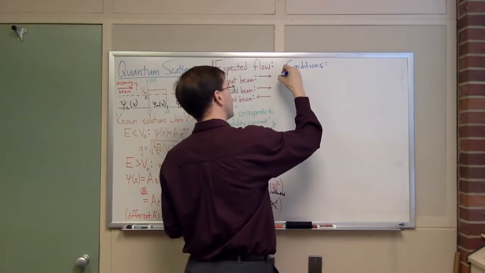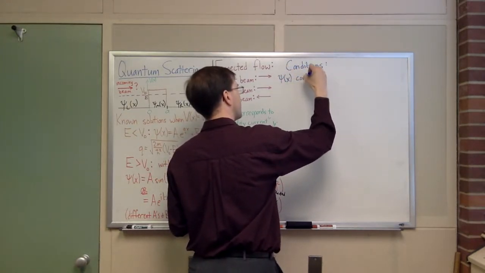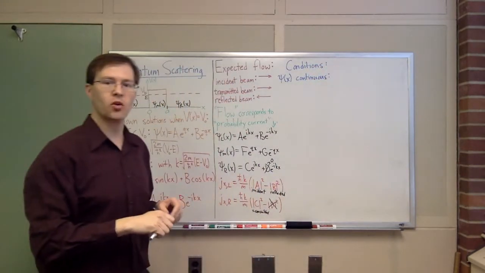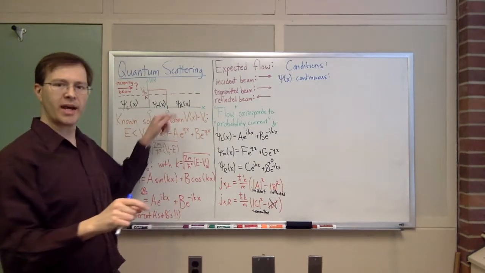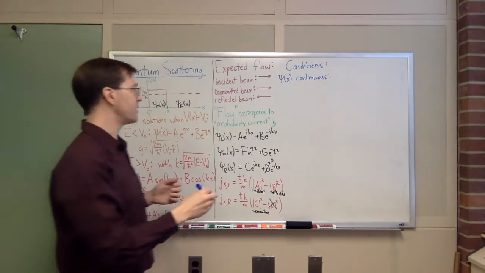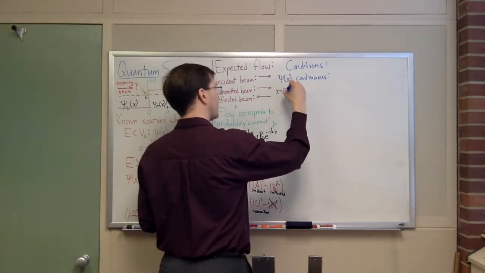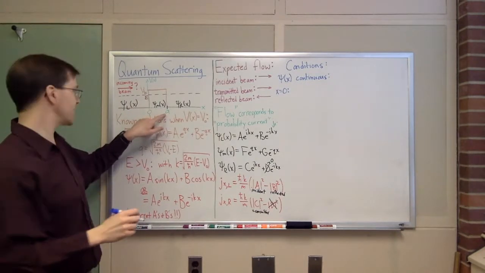I need psi of x to be continuous at all points. In particular, the places I'm worried about are at the boundaries, x equals 0 and x equals a. So at x equals 0, continuity requires that these two functions have the same value at x equals 0.